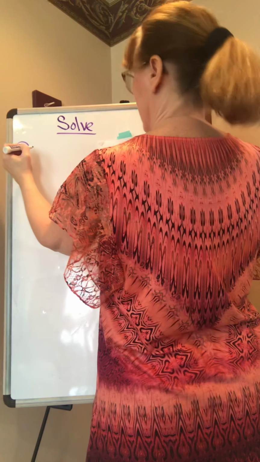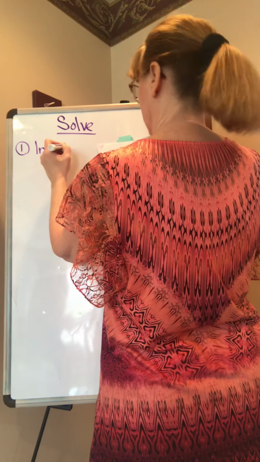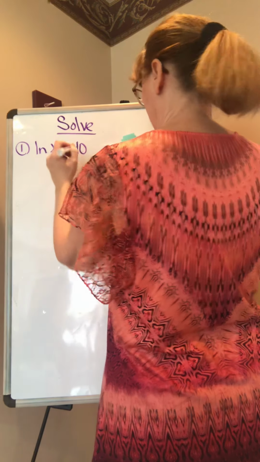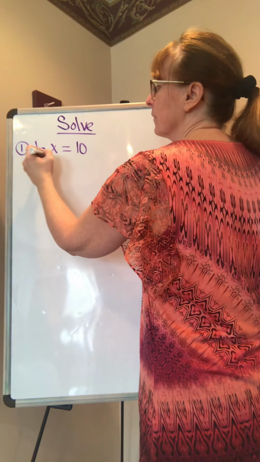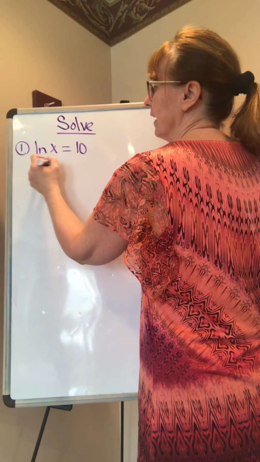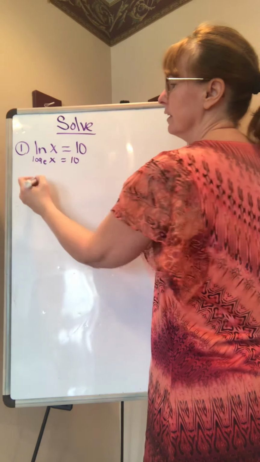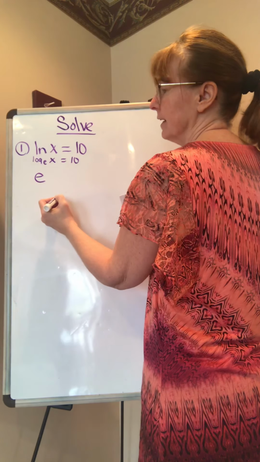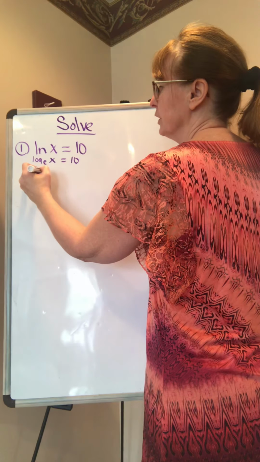Number 1, the natural log of x is equal to 10. And I want to find out what x is. Well, again, this is the same as the log base e of x is equal to 10. So if I want to convert, the base stays e, and the exponent and the power switch.